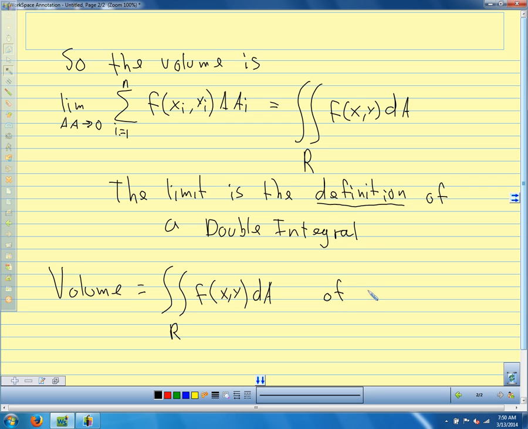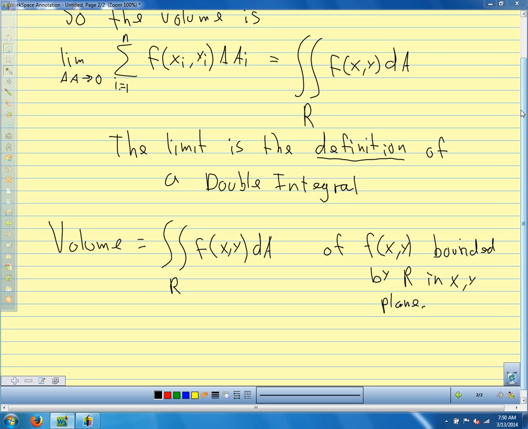So this is the volume of f of x y bounded by R in the xy plane. So this is how we're going to find the volume of this solid.